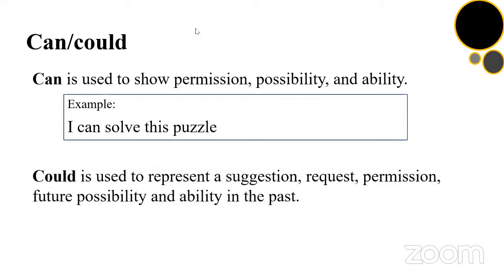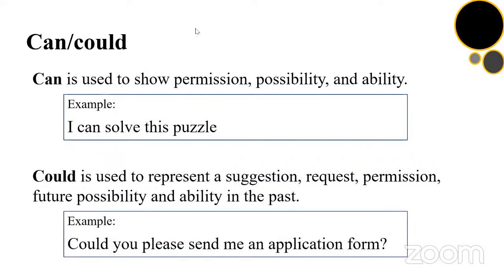Could is used for suggestion, request, permission, future possibility, and ability in the past. Here we are talking about the past, so could shows ability in the past as well. Is that clear?